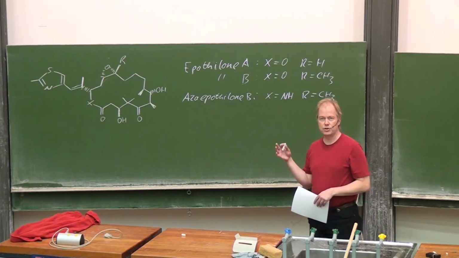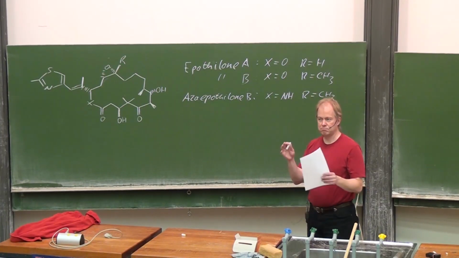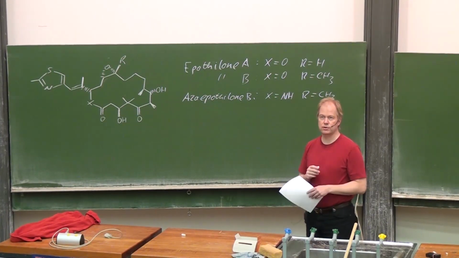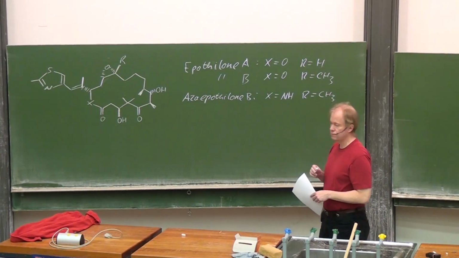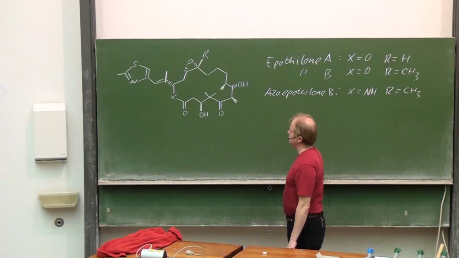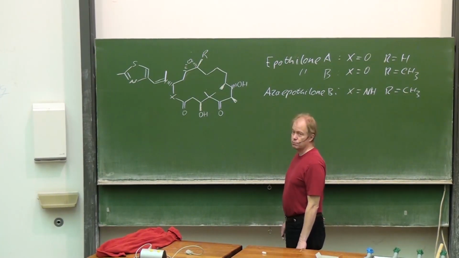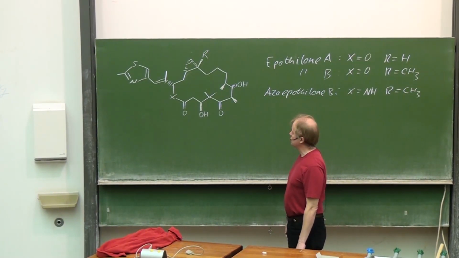Where are the strategic bonds within this molecule? And then you will find some partial structures one should further analyze, which we will do together then. Okay? First of all, just the strategic bonds in this molecule.